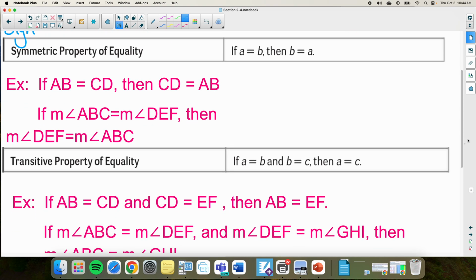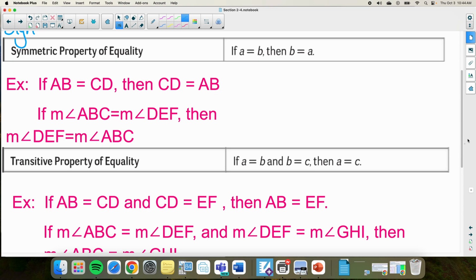Now if we go to symmetric property, a lot of people call this the switch-around property, but you have to call it symmetric. So what happens here is they just take both sides of this and they switch it. It's kind of like yesterday or 2 days ago when we did converse and we switched the two sides of a sentence. It's kind of the same thing. You just take the two sides and you flip it.